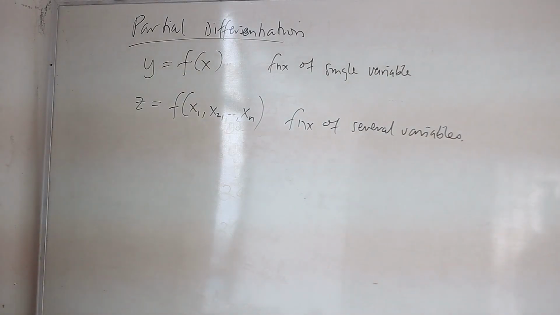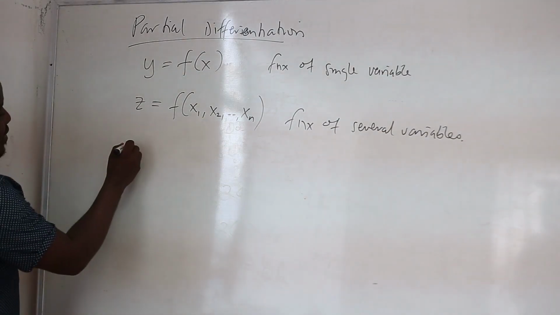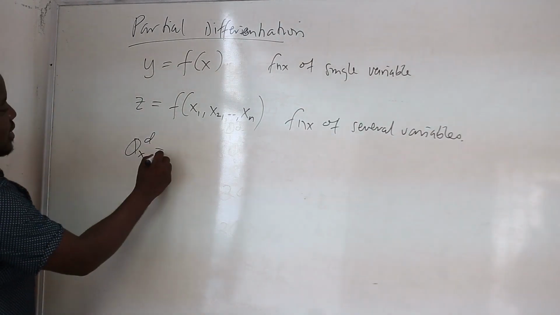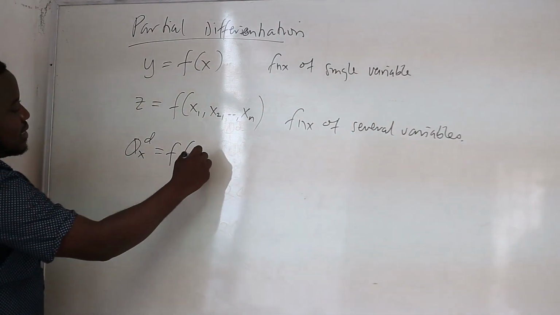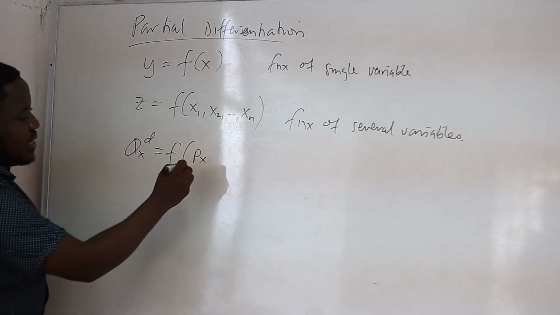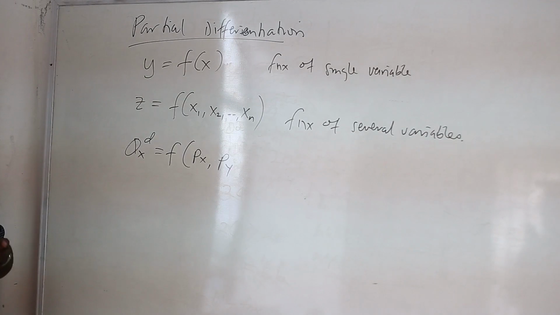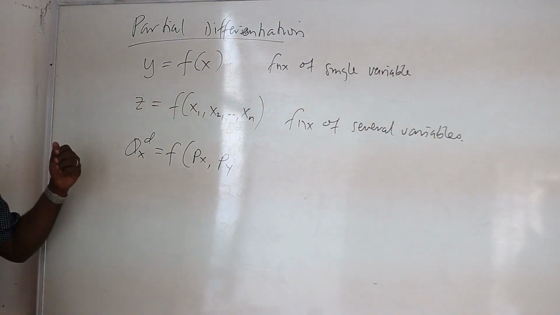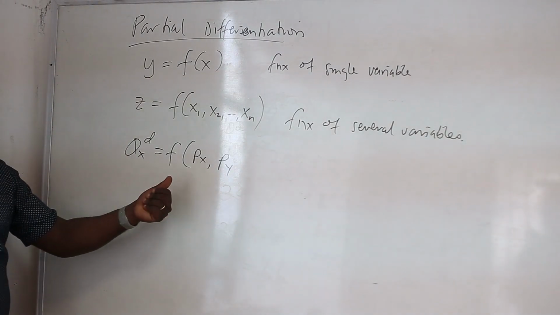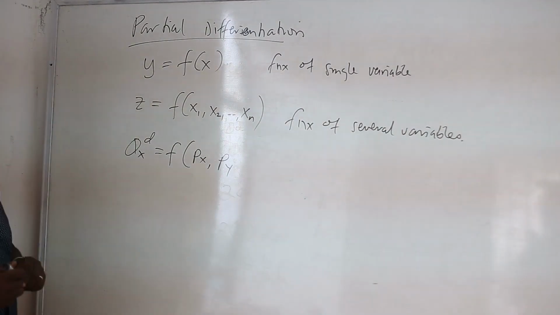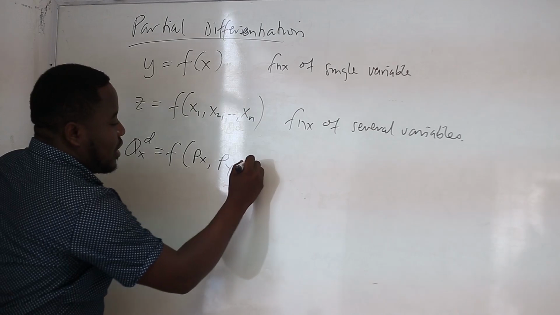An example of a function of several variables is the demand function. Economists say demand is a function of the price of the good itself, and of the price of related goods. If you want to buy one brand of milk, you look at the price of other milk brands. It depends on your level of income.